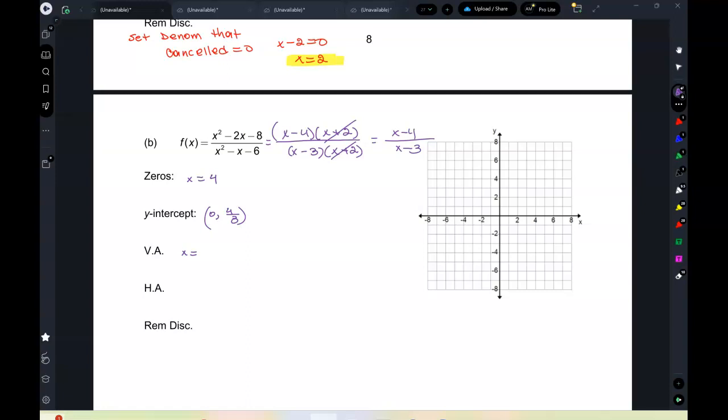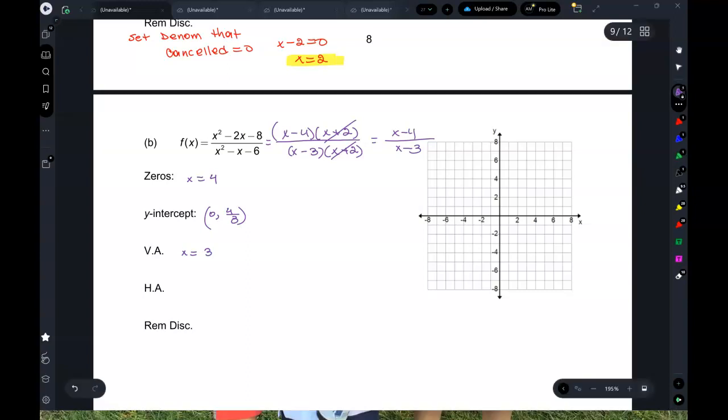You get 4 over 3. Even if you went to the original, you would get the same answer. It's magical that way. Because we've been doing that every single time to get the y. No, you plug in 0. Look at the previous ones we did.